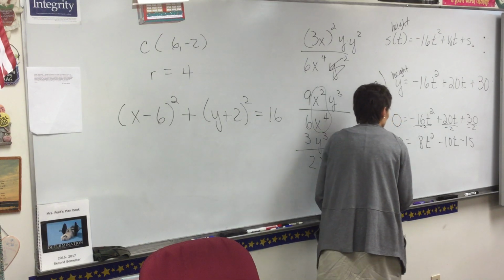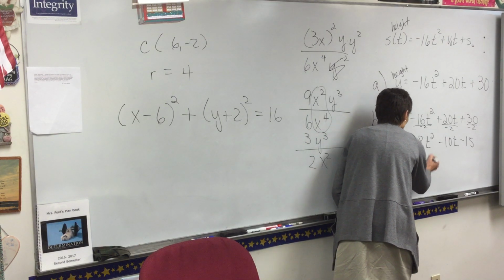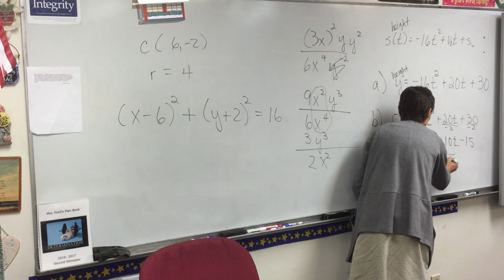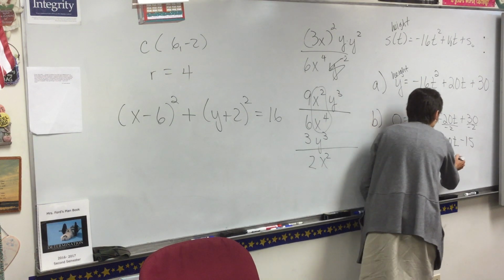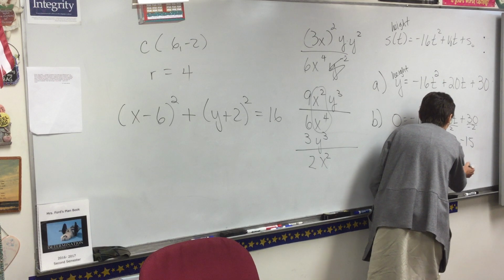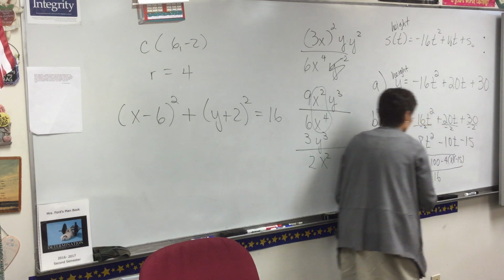Here we go. Negative b plus or minus the square root of b squared minus 4ac all over 2a.